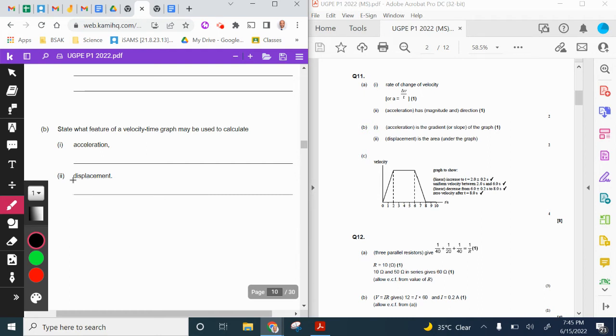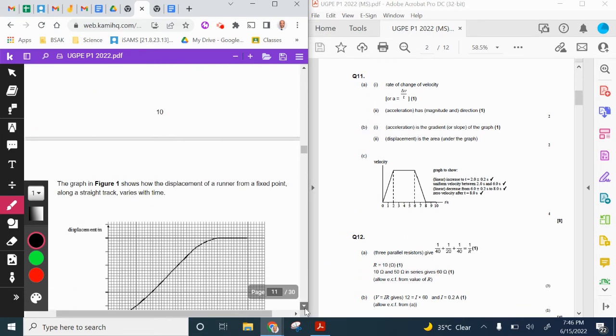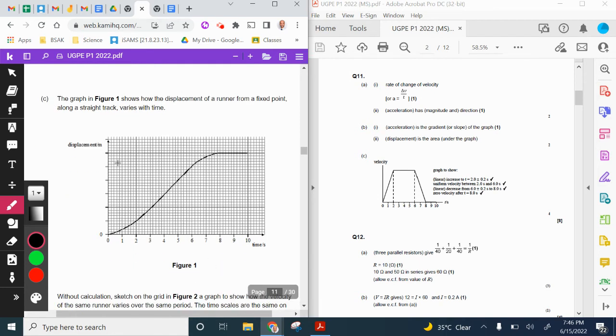Part B2, displacement. How do we find the displacement on a velocity time graph? It's the area underneath the velocity time graph that will give us the displacement. Part C, we have a graph here of displacement against time of a runner from a fixed point along a straight track and how that varies with time.